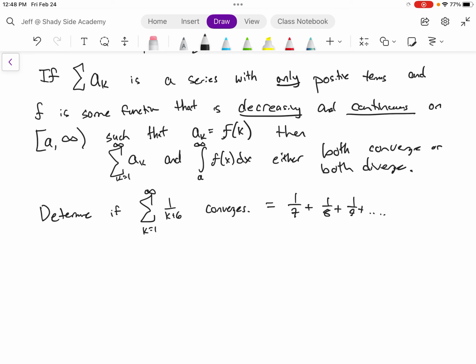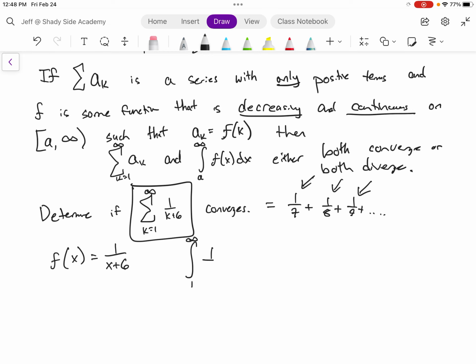Well, all I need to do is come up with a function where my f of 1 is going to be this, f of 2 is going to be that, and f of 3 is going to be that. And this is as easy as saying my f of x here is just going to be 1 over x plus 6. Then we see that this series and this integral are very, very related. This is simply summing up the area underneath that curve, 1 over x plus 6.